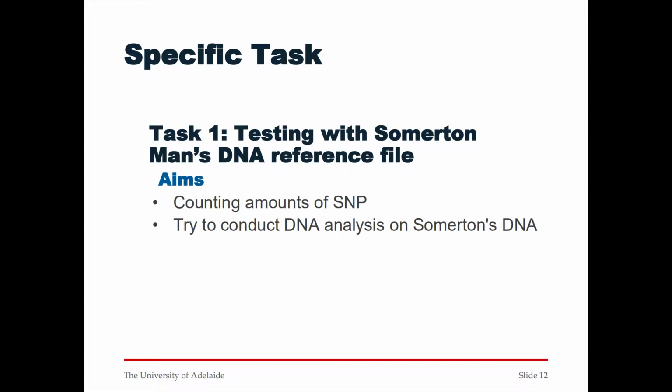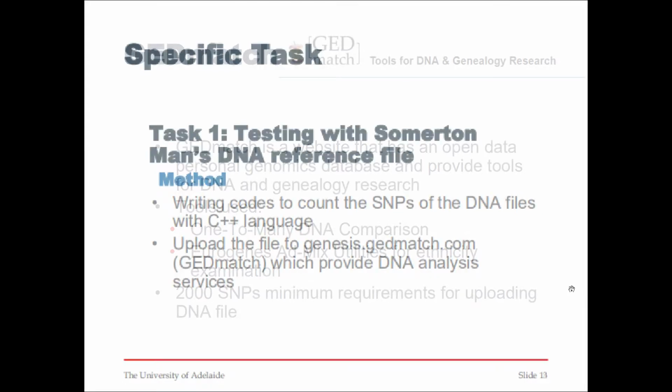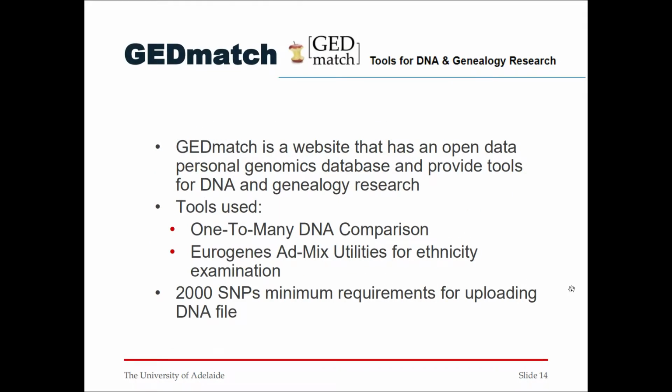The evaluation was done by a C++ program developed by us, and the DNA analysis services we used were provided by GEDmatch. GEDmatch is a website that has a public personal genomic database and provides tools for DNA and genealogy research. Several tools we used are listed here.